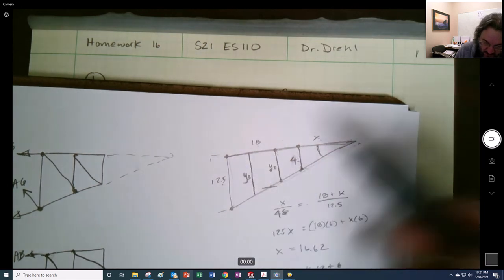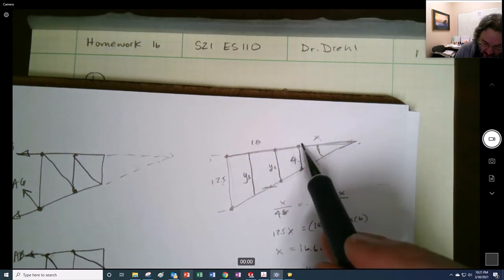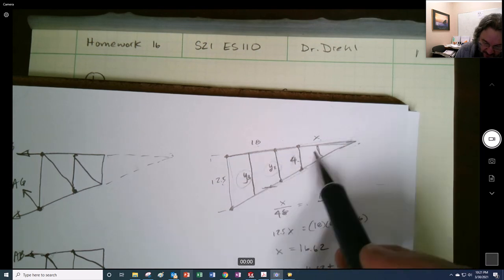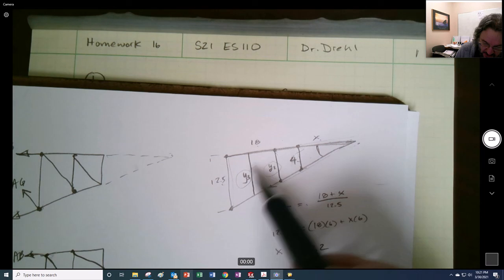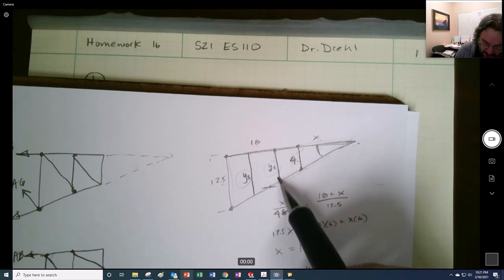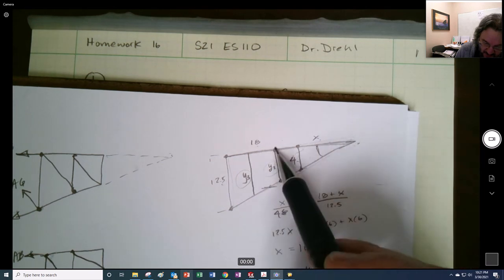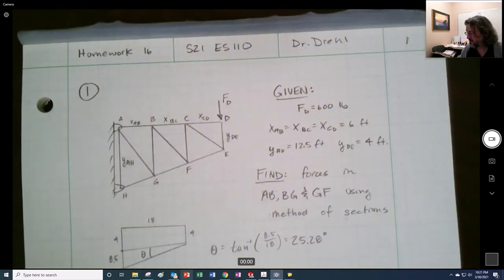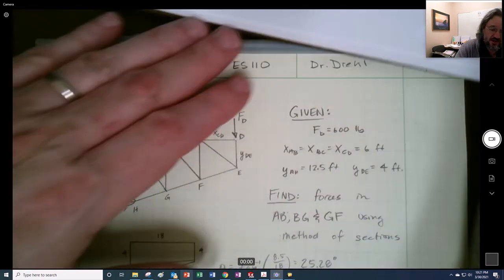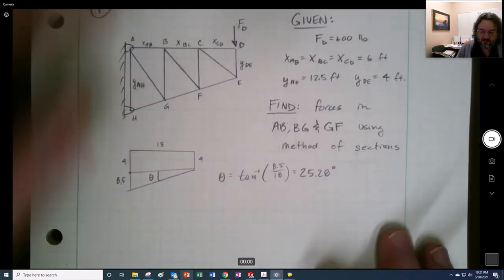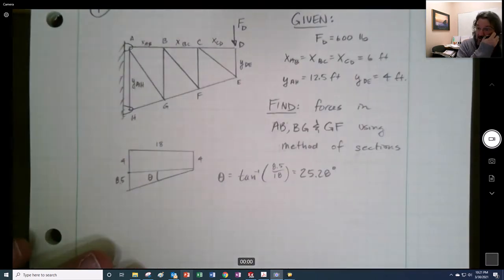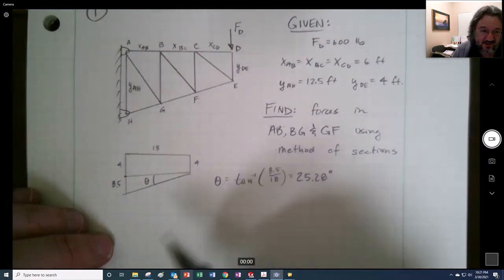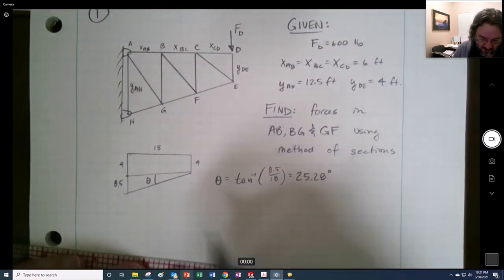So they're similar triangles. So I could find out what that parameter is. And then for finding any of these other lengths, I could just do the same thing of the proportion of this distance divided by that distance. So that's one of the approaches I could have taken, but I decided I would rather go by this angle right here, and then essentially make kind of a trigonometry thing.